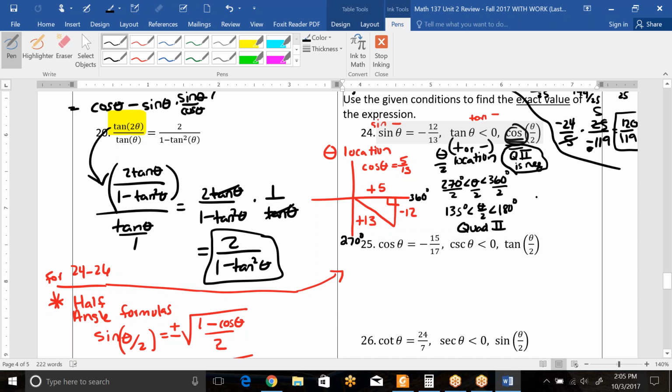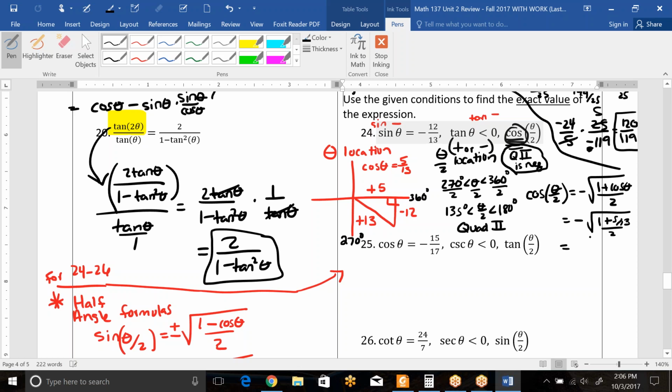Because of that, we're going to choose the negative form of that formula. So cosine of theta over 2 is going to be negative square root of 1 plus cosine theta all over 2. So this is negative square root of 1 plus the 5 over 13 all over 2.